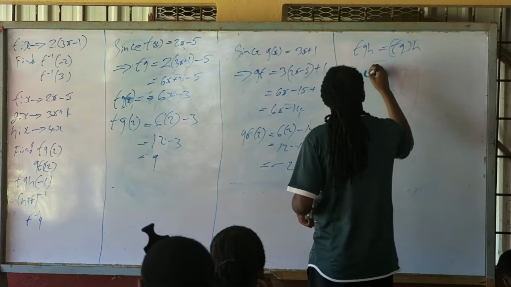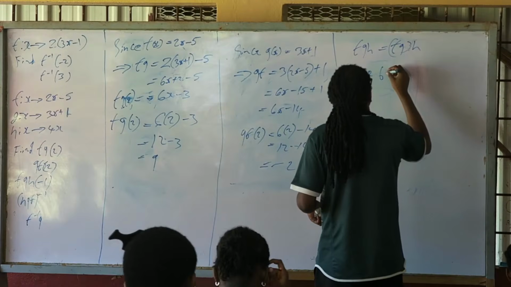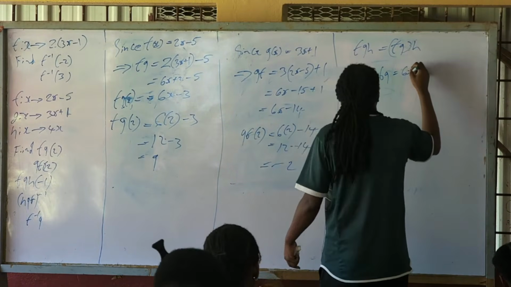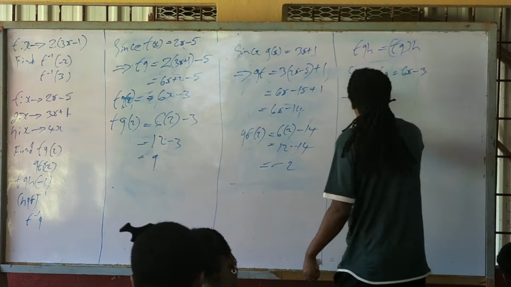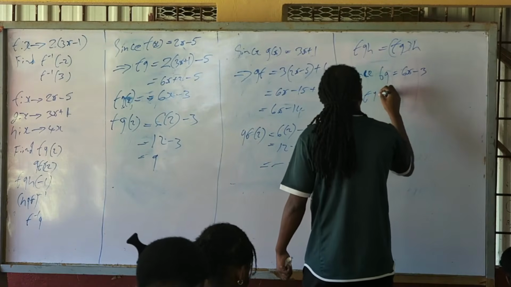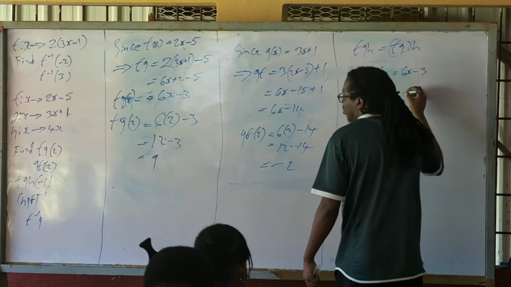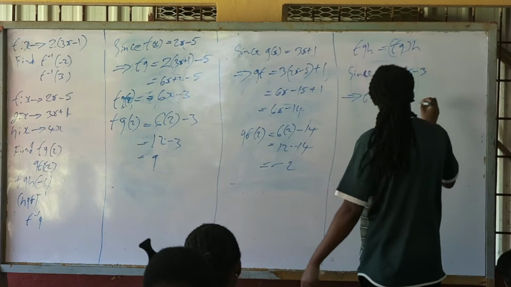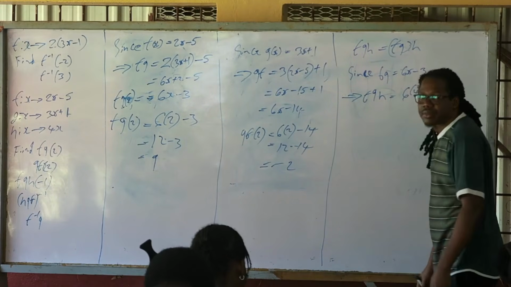So you just tell them, since f of g equals 6x minus 3, it implies that f of g of h equals 6, I'm going to put in h. What's h? 4x minus 3.